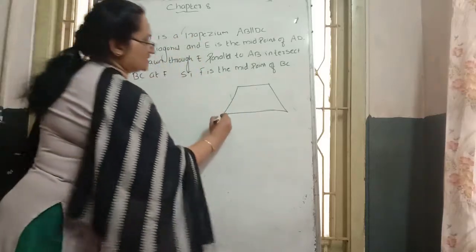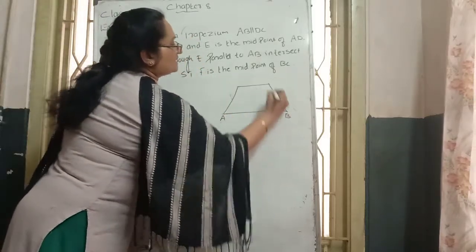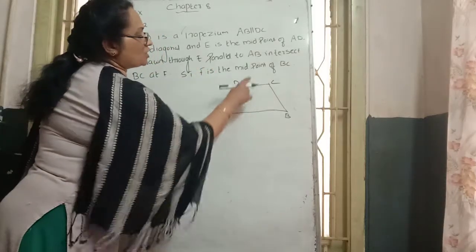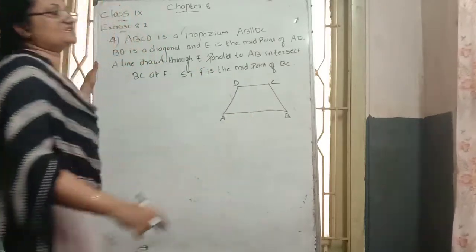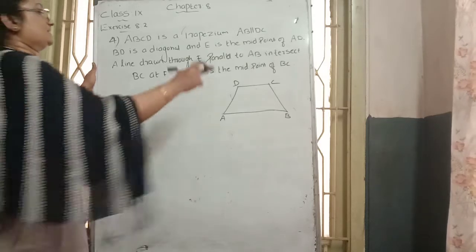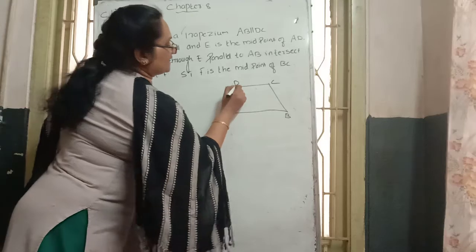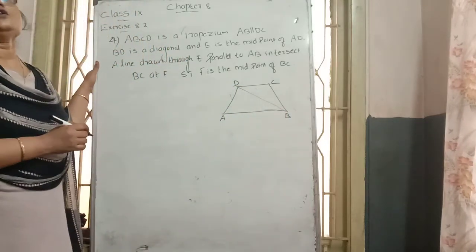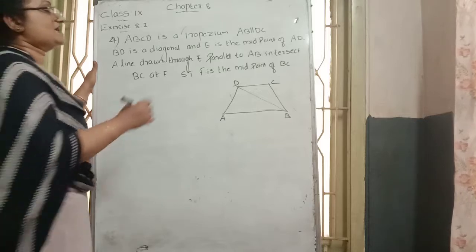Name it A, B, C, D. AB and DC are the opposite sides, and they are parallel. And BD is the diagonal; only one diagonal is mentioned here.